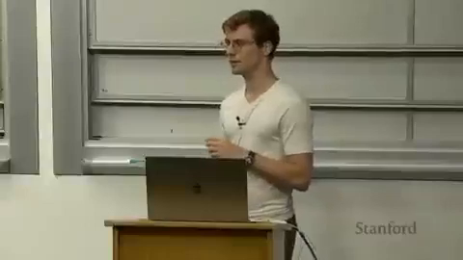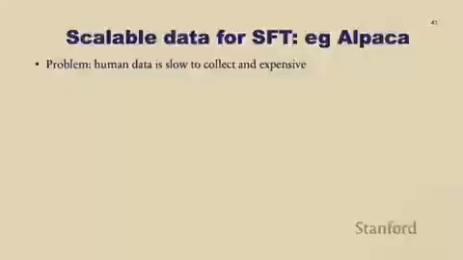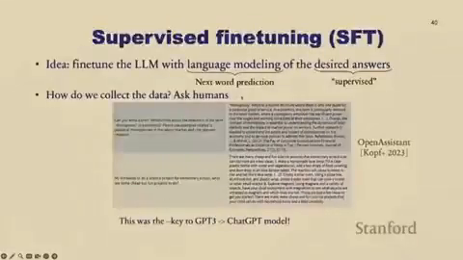Do we train with the same loss function, the same general training algorithm for the supervised fine-tuning as for the pre-training? The examples you showed are super factually accurate. It's still just the same loss? So that's why I didn't emphasize enough: this is just language modeling. Fine-tune the LLM with language modeling on the desired answers.